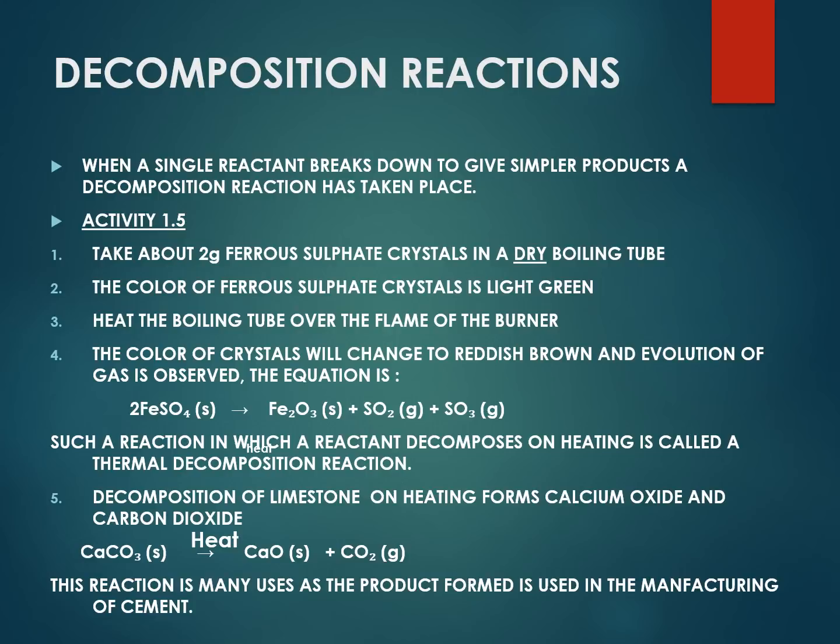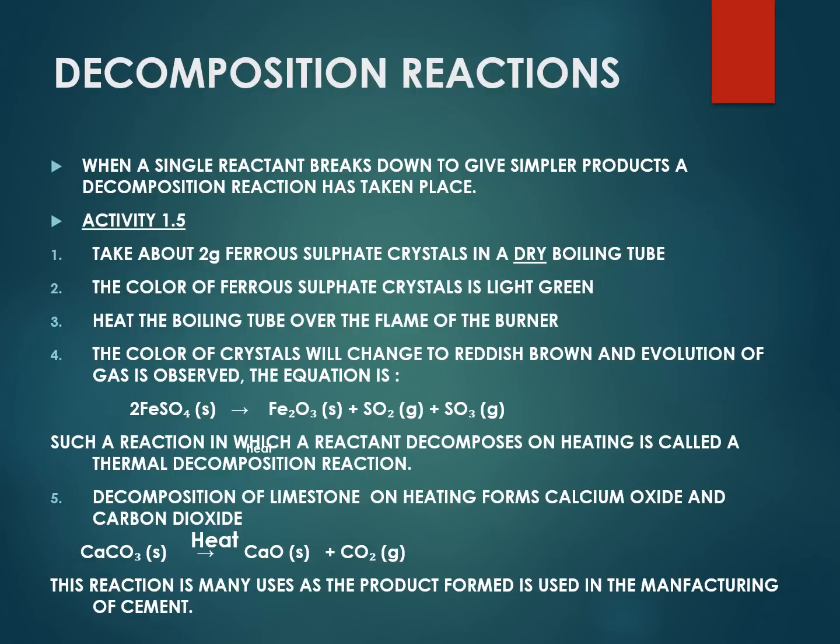There's an activity in your NCERT book, activity 1.5. Take about 2 grams of ferrous sulfate crystals in a dry boiling tube. The color of ferrous sulfate crystals is pale green. Heat the boiling tube over the flame of the burner. The color of the crystals will change to reddish brown, and evolution of gases with a smell of burning sulfur will be observed.